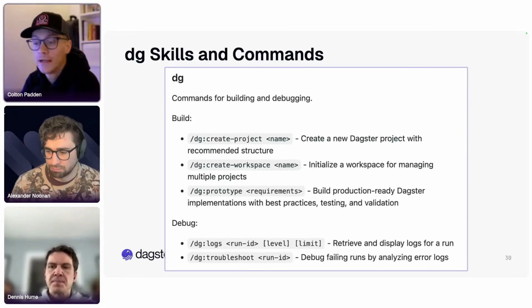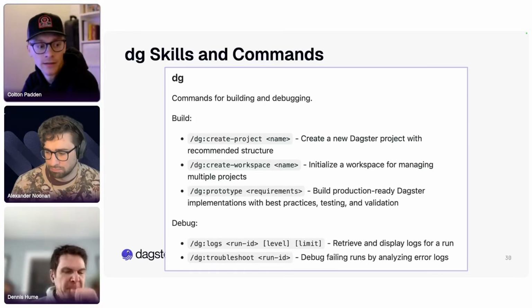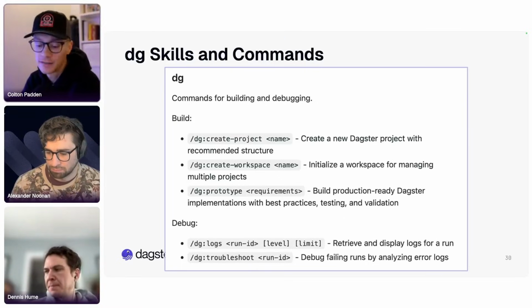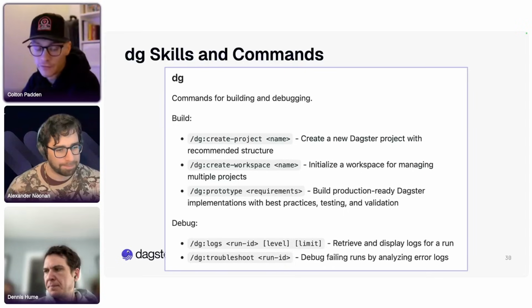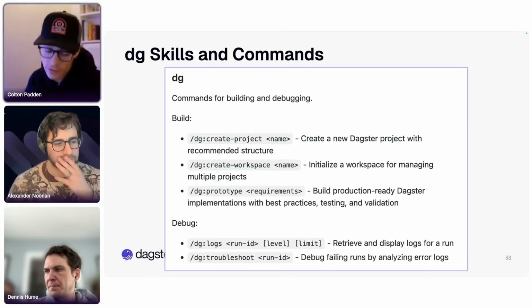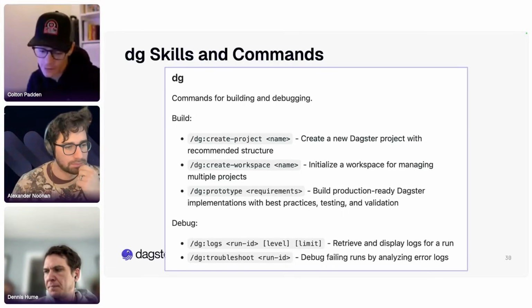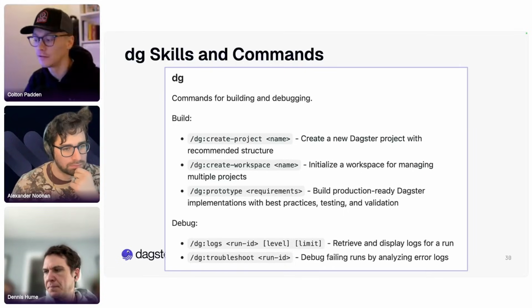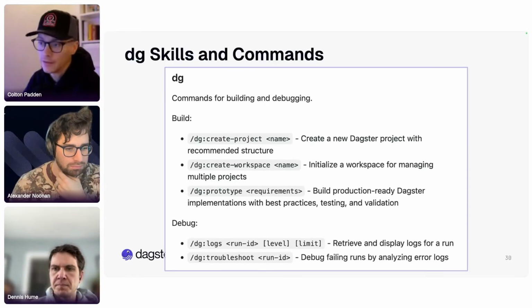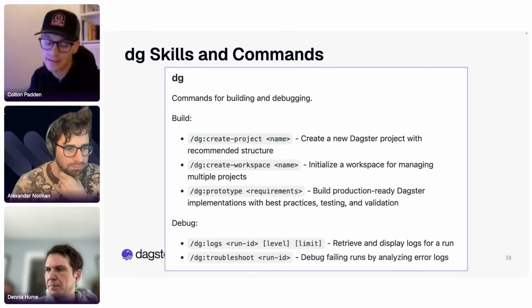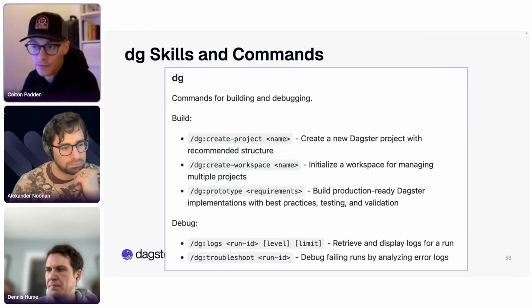We also have a way to troubleshoot Dagster runs with a command. This one's more for Dagster Plus instances, but it'll hit the GraphQL API and get the logs for a given run. Because you're running Claude within your code base, you also have the context of all the code that is being used, and it can try to determine what is wrong with a given pipeline and come up with a solution for it. We also have ways to create projects, and we're constantly expanding the available commands within this plugin.